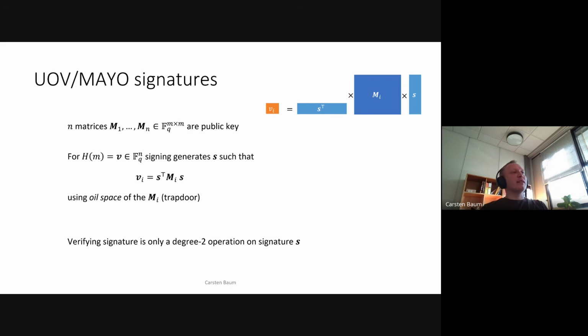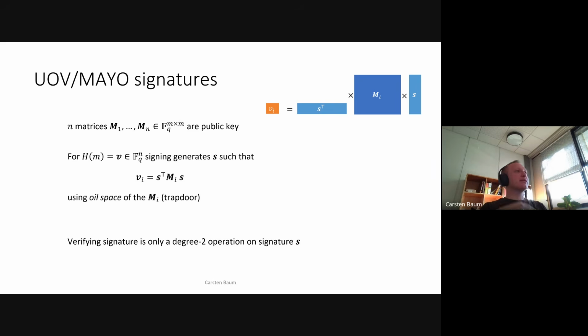So if I take the same vector S and multiply it left and right with all of these matrices, I get out V. So I have to solve a system of quadratic equations to generate this S vector in order to generate this V vector. So signing is very complicated.